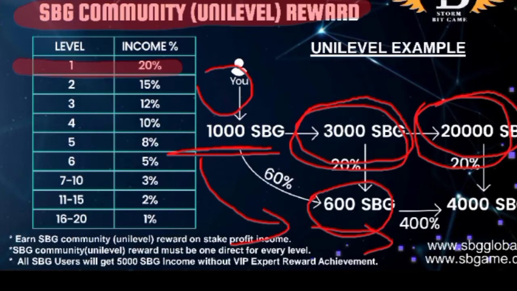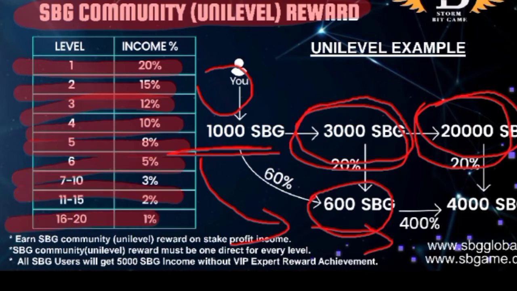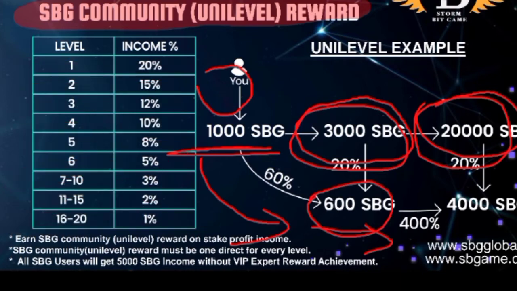The person is investing only $1,000 and you are receiving $4,000 in level commissions only from the first level. The second level is 15%, then 12%, 10%, 8%, 5%, levels 7 to 10 are 3%, levels 11 to 15 are 2%, and level 20 is 1%.